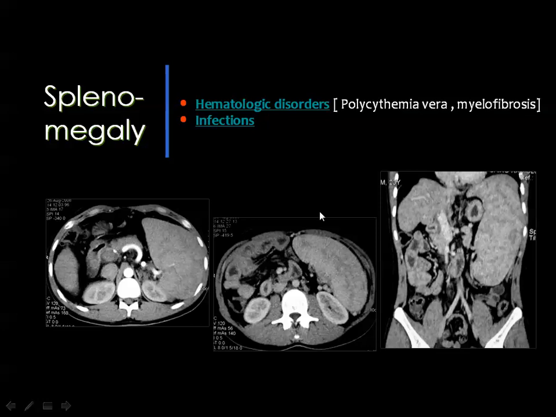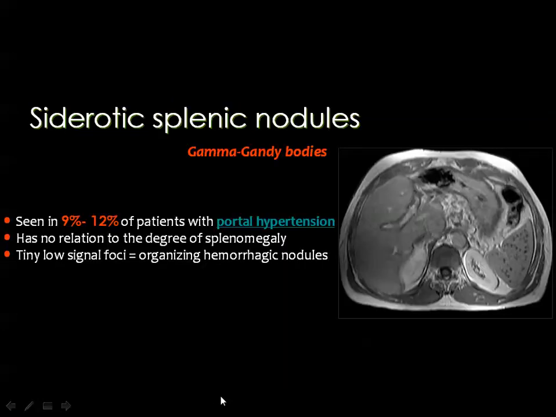And of course, the craniocaudal diameter is larger than 12 centimeters. Sometimes in patients with portal hypertension, it's not a good percentage, it's about 9 to 12% of the patients with portal hypertension, you get this appearance of the spleen.